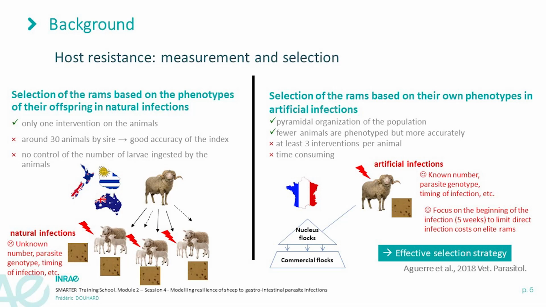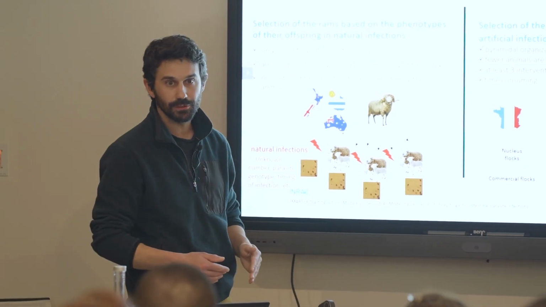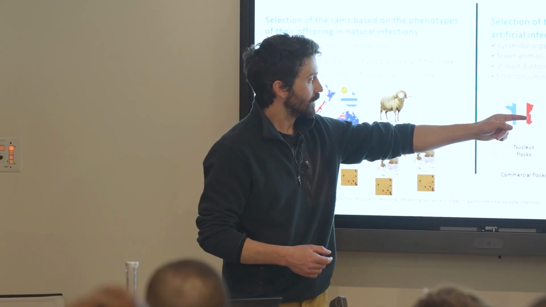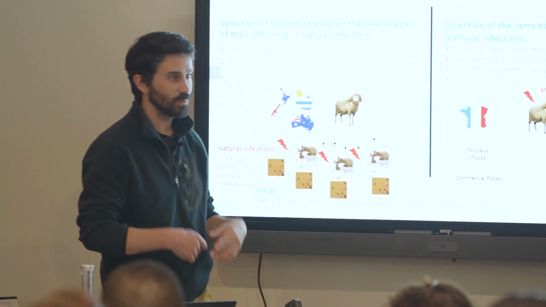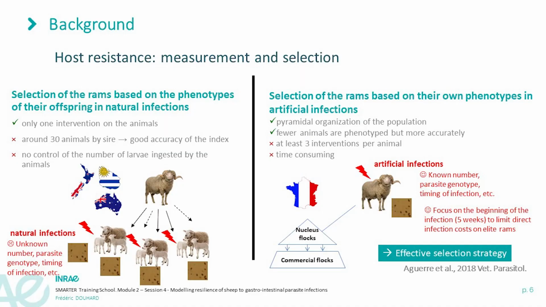So we have a control measurement, and we know also the timing of the infection. And with this, we have an accurate measure of the fecal egg count. So consequently, we need fewer animals, and we can take advantage of the pyramidal organization of the selection, because we do this on the elite rams, and then we can measure the consequences directly on the progeny where the rams will be used.